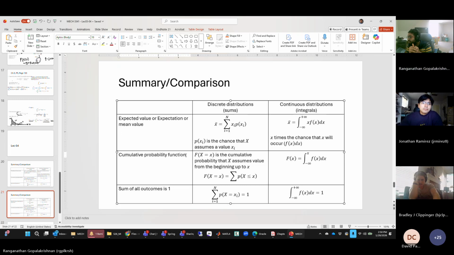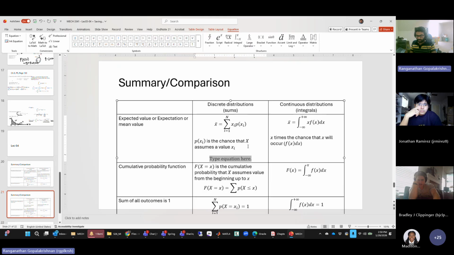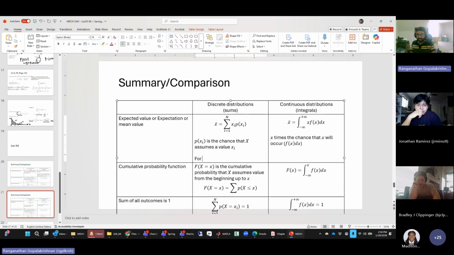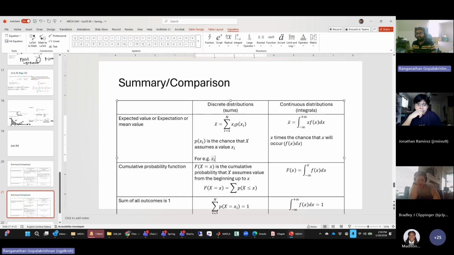So in the discrete distribution, you have xi, and then in the continuous, you have just x. Can you explain what's the difference between that again? So for example, let's say xi is like a die toss. It can assume values 1, 2, 3, 4, 5, 6. So I'm denoting the specific values that the random variable will take.